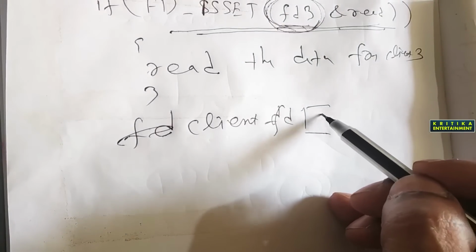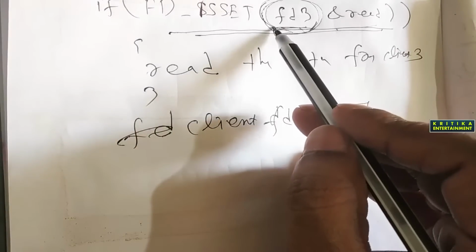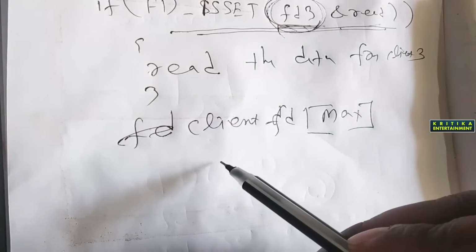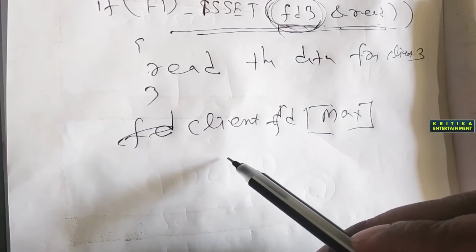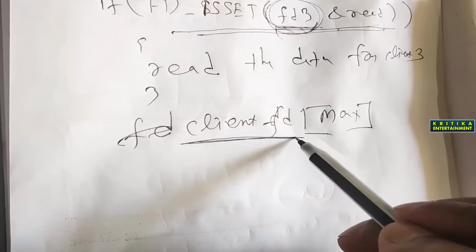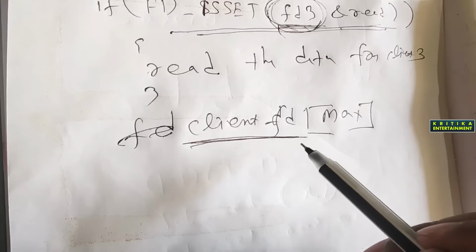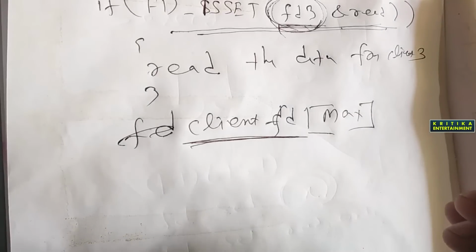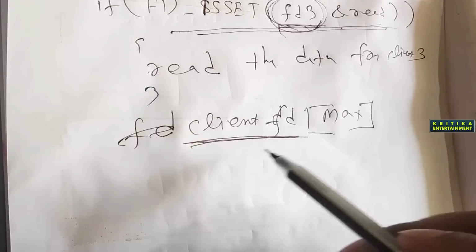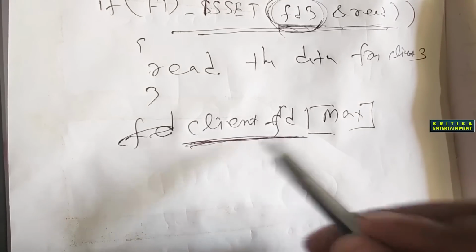Suppose max. If a number of FDs are returned, so with multiple clients and a single server, we need to declare an array of type FD, so that the number of FD sets returned from the server is stored in the array.